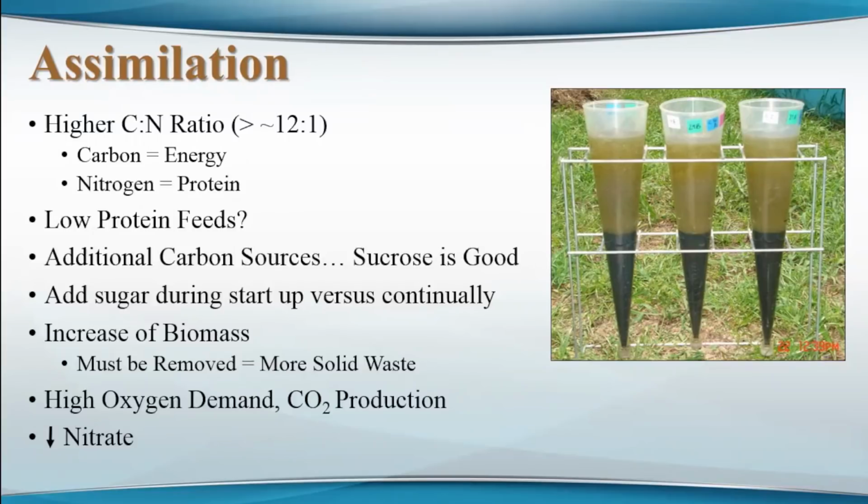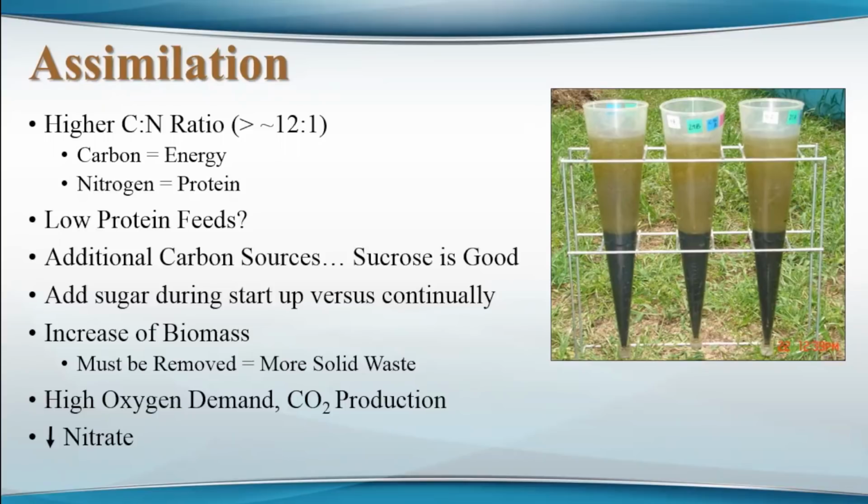But you have to be careful, because when you add sugar, it increases the biomass. This picture kind of illustrates that. There's a lot of bacteria that comes about because of this, a lot of solids in the water. And the most important thing is that it increases the oxygen demand of the water.